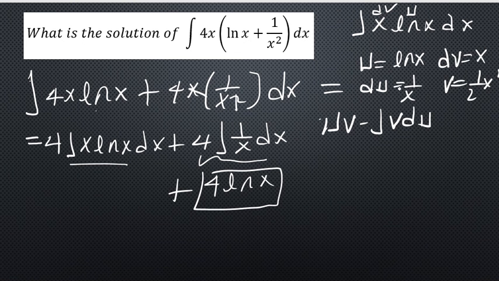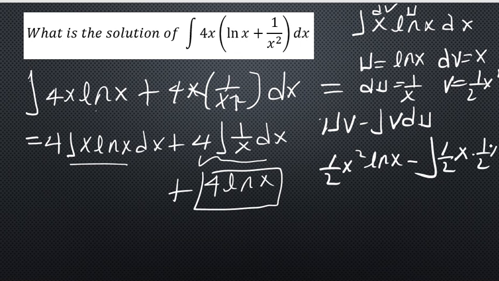So when you do that, uv means we'll multiply the two together. That will be 1 over 2 x squared ln x minus the integral of v du. That means I will multiply the two. 1 over 2x times 1 over 2x squared.